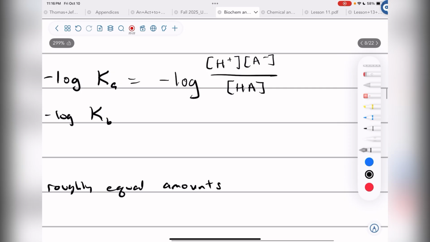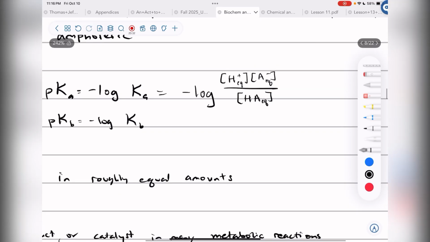Oh wait, and then this is at equilibrium. Remember, because Ka is an equilibrium constant, this one never changes, right? This one just tells you what the concentrations are going to be at equilibrium.